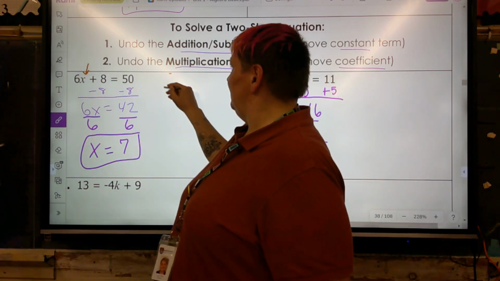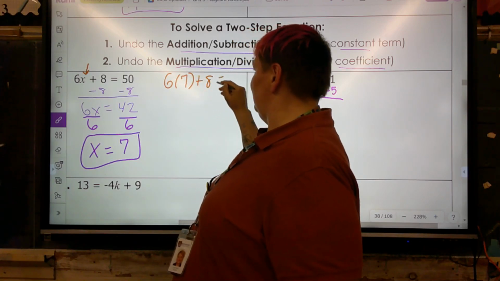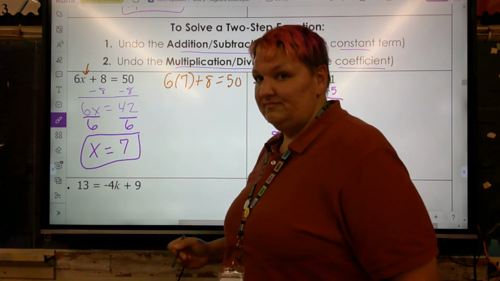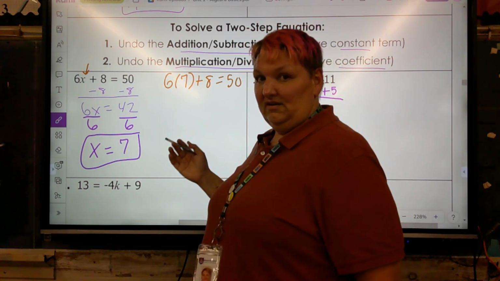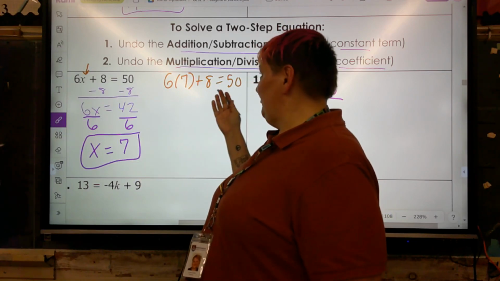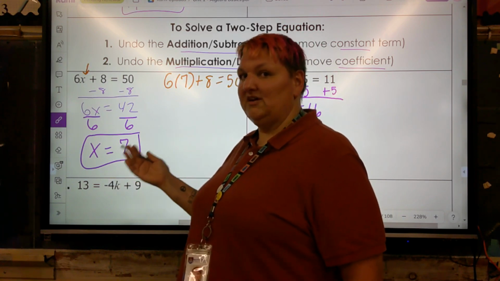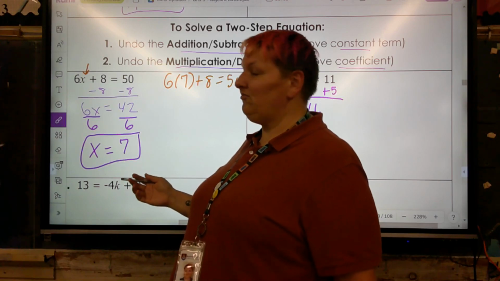Let's find out. 6 times 7 plus 8 should equal 50. If this is true, then you have the right answer. If this is false, you have the wrong answer, and you need to double check it and go back and figure out what you did wrong.